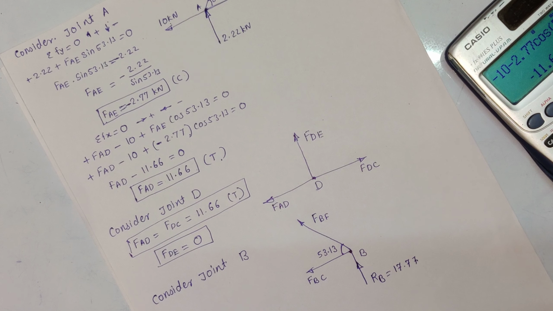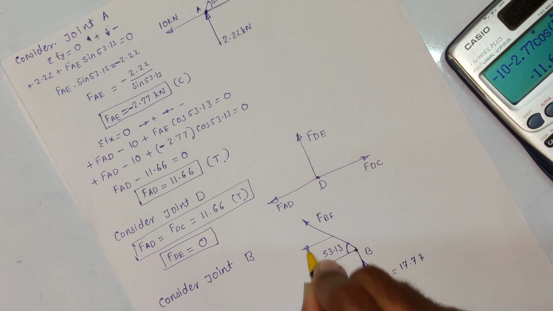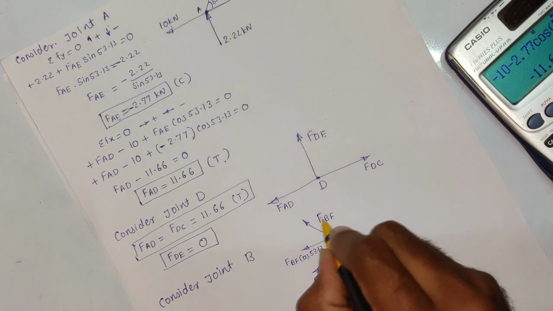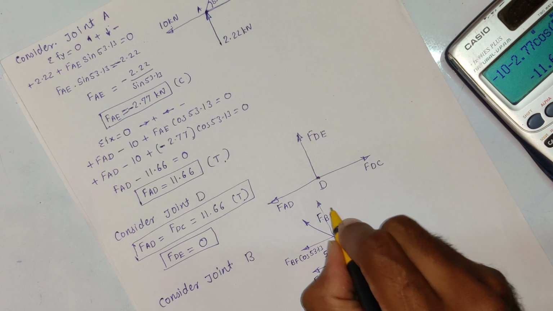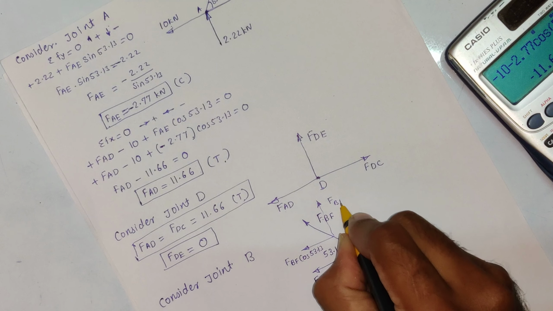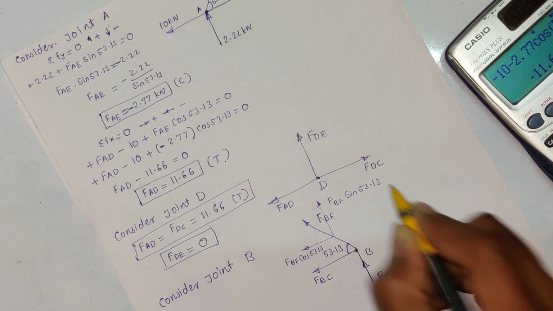So this angle is 53.13. So you resolve this. FBF cos 53.13, FBF sin 53.13.